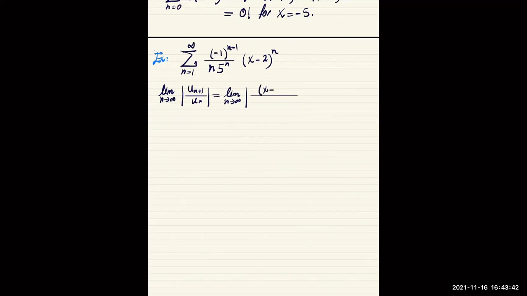We have x minus 2 to the n plus 1 divided by n becomes n plus 1, and 5 to the n plus 1. That's u sub n plus 1 in absolute value. Multiply that by the reciprocal. The reciprocal will be x minus 2 in the denominator to the power of n, on the top n, 5 to the n.